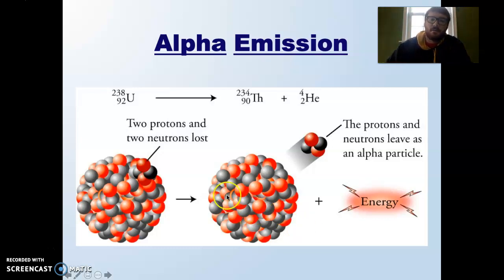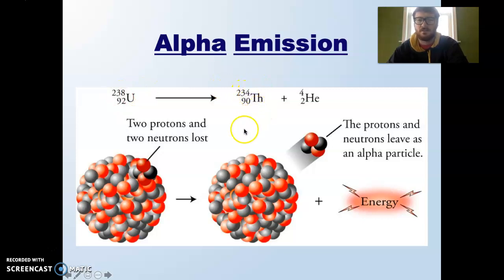Alpha decay is especially common when something is large. And so you have uranium, and it loses 2 protons, so it goes from 92 to 90, and 2 neutrons, it goes from 238 to 234. Well, that doesn't look like 2, that looks like 4.